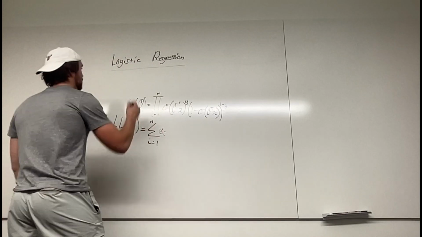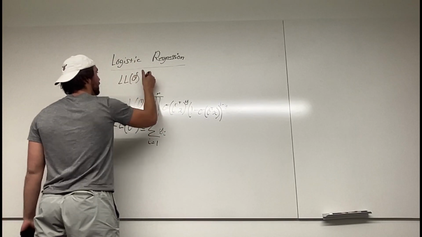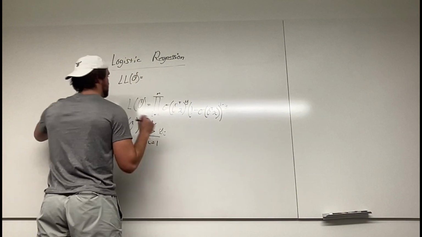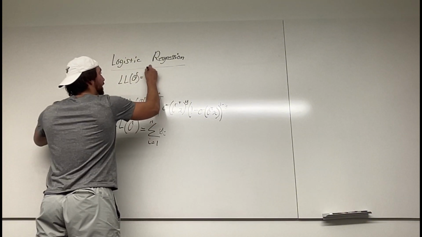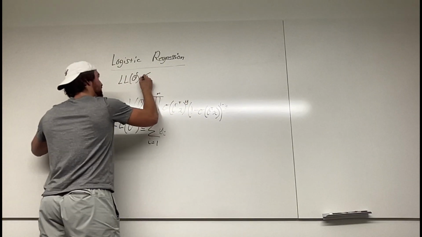But if you think about how to take the log of this, the log likelihood of theta, the log of the product is the sum of the logs. That's going to be an important rule to keep in mind, so we can push the log through the product, turn it into a sum.